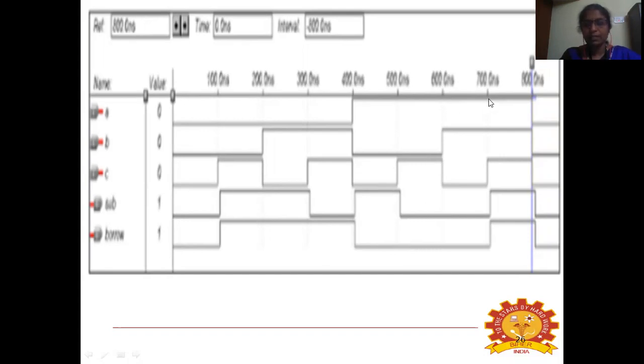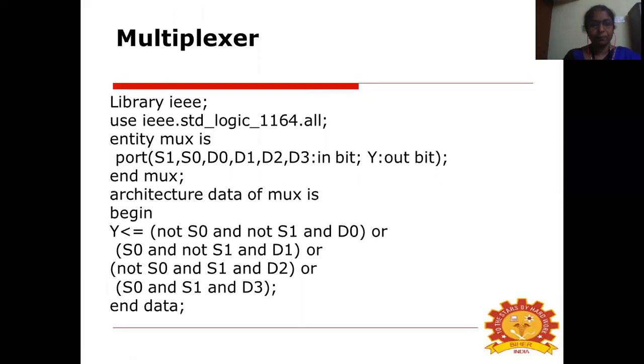From 600 to 700 nanosecond, it is 1 minus 1 minus 0. So both will be 0. From 700 to 800 nanosecond, it is 1 minus 1 minus 1. So both will be 1. Sub will be 1 and borrow will be 1 from 700 to 800 nanosecond.